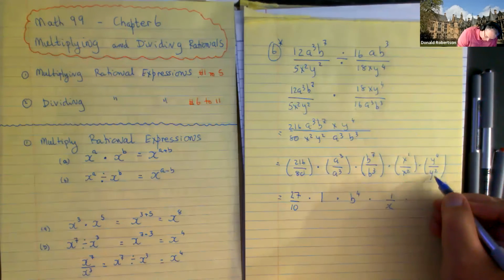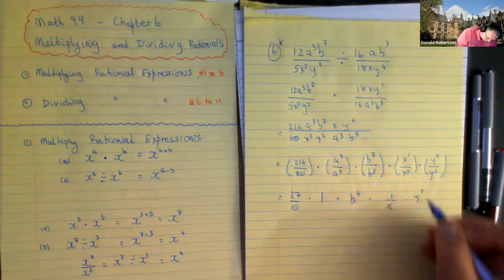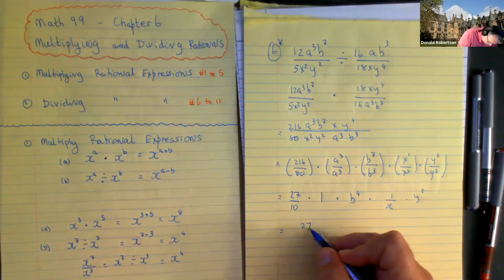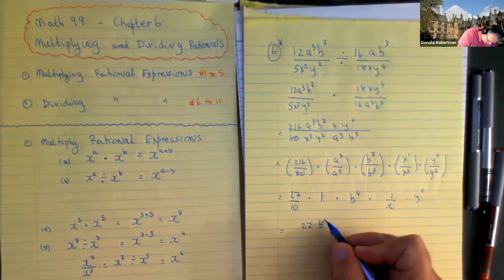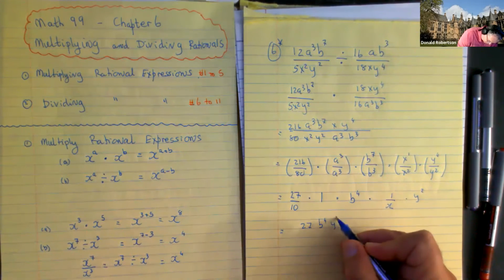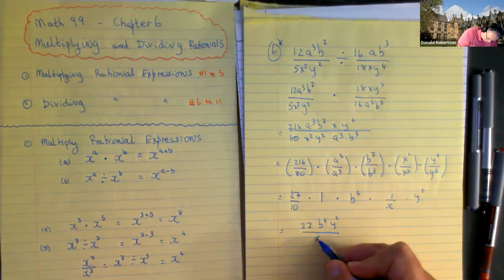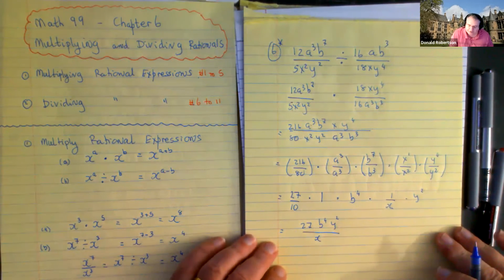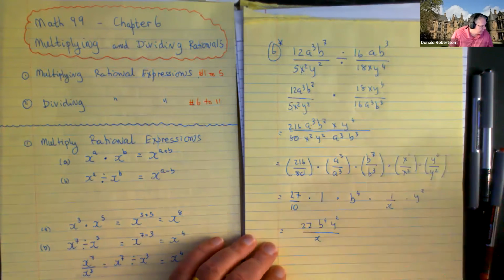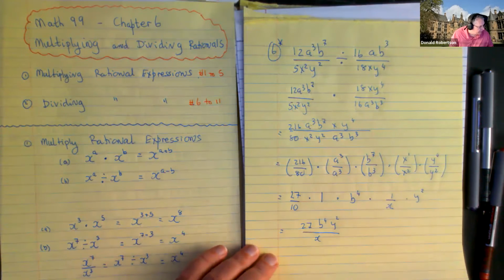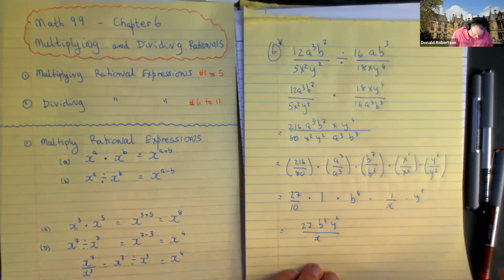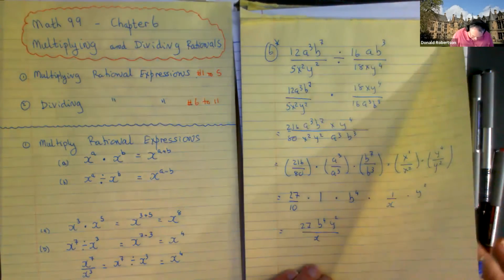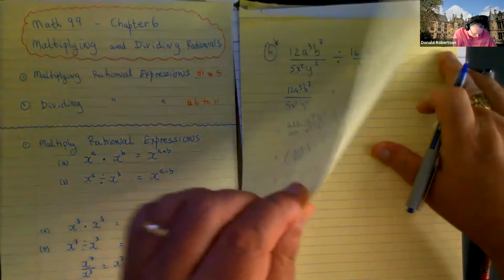And y to the 4 divided by y squared gets me y squared. If you combine all of this together, you get 27 b to the 4 y squared all over x. And that's it. That's essentially how you do that type of question that contains nothing but various pairs of a's, b's, x's and y's.